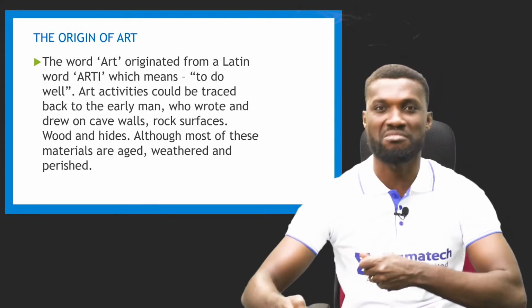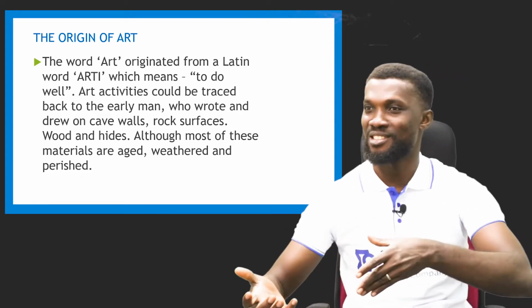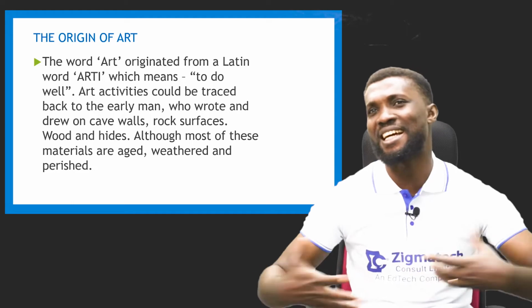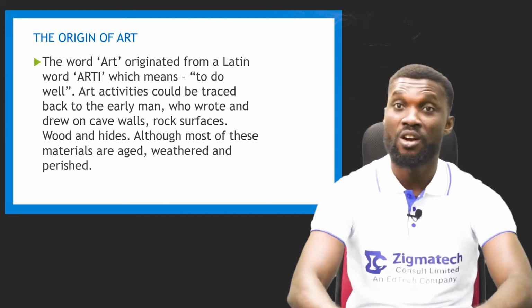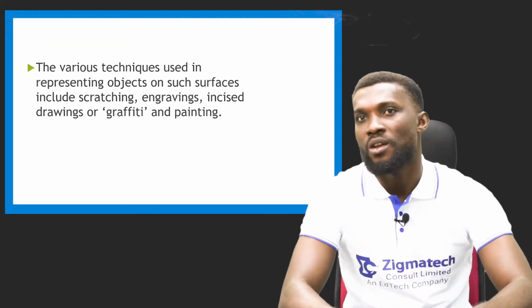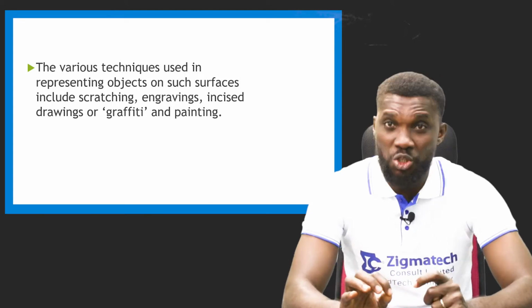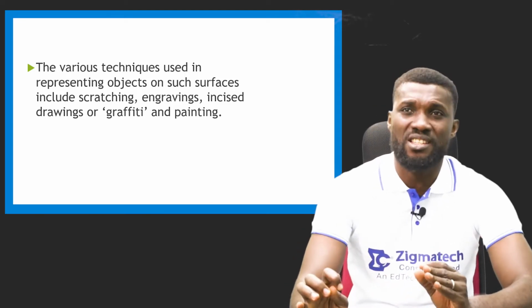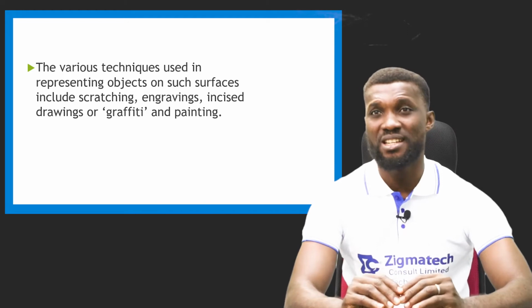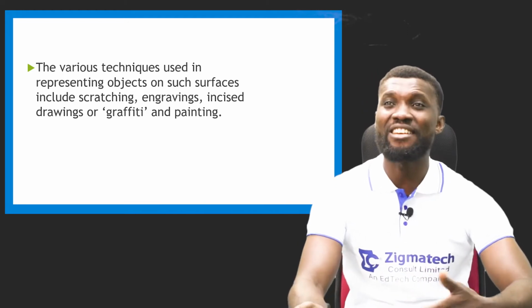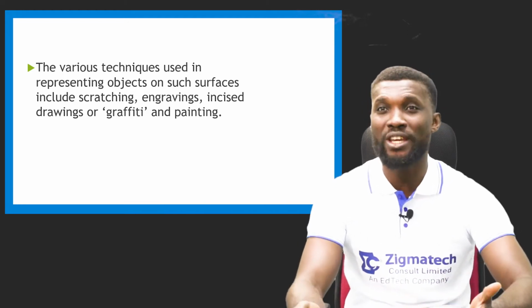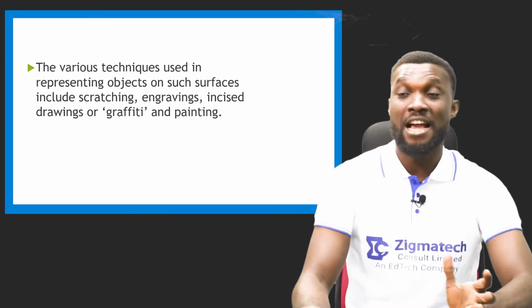They draw with their charcoal, they draw with stones, anything they can lay their hands on, they express themselves with that. All right. Now, the various techniques used in presenting objects on such surfaces include scratching, engraving, incising, drawing, graffiti, and painting.